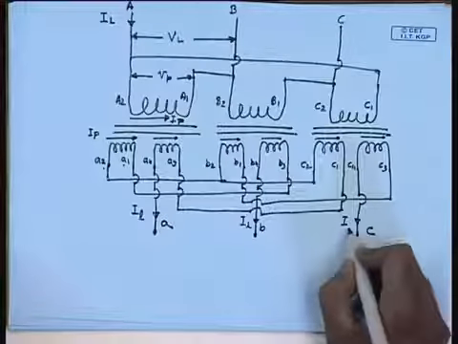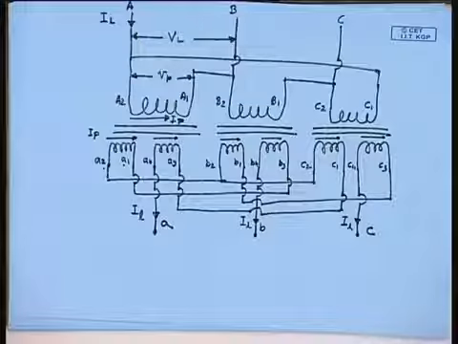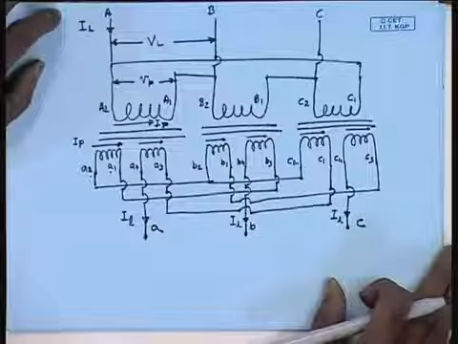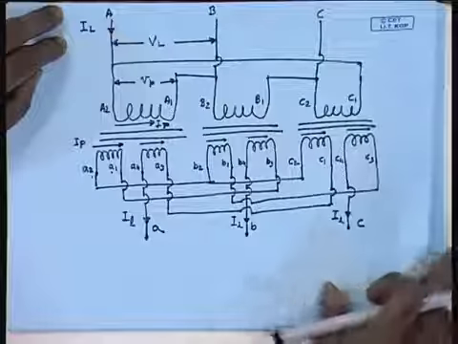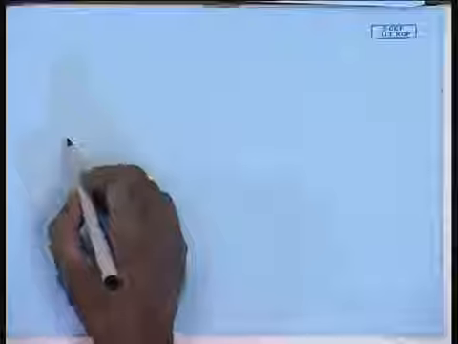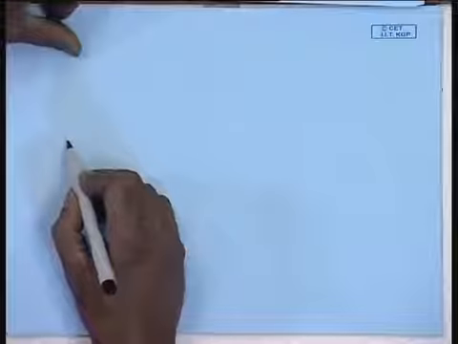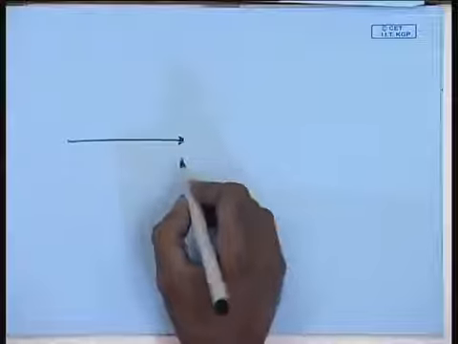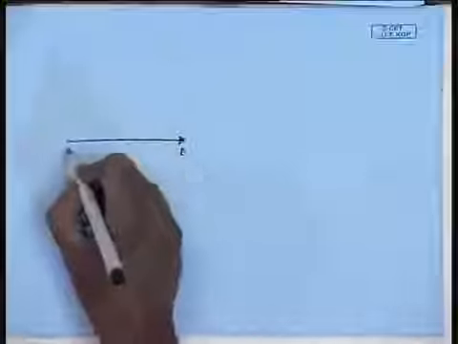First, let us see how the voltage and current phasor diagrams will look like for this kind of connection. Taking the voltage VBC to be the reference phasor, this is B terminal, this is C terminal.